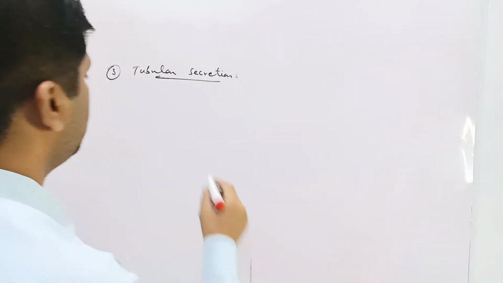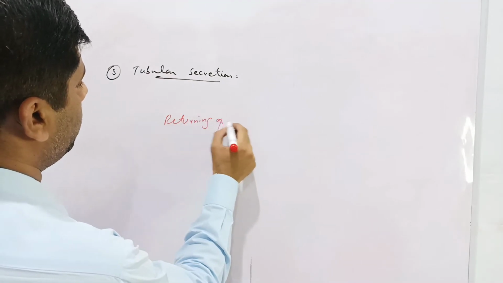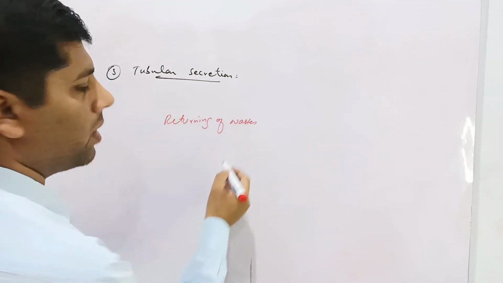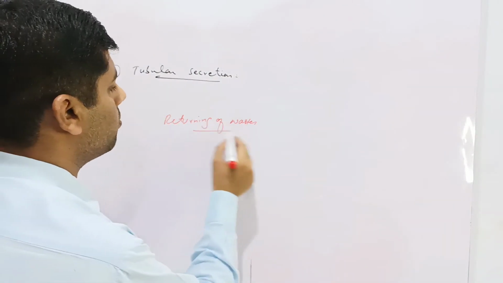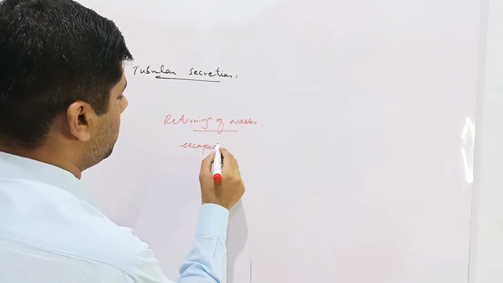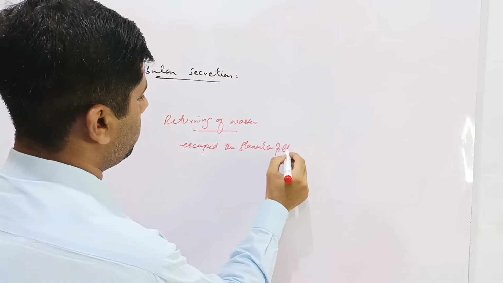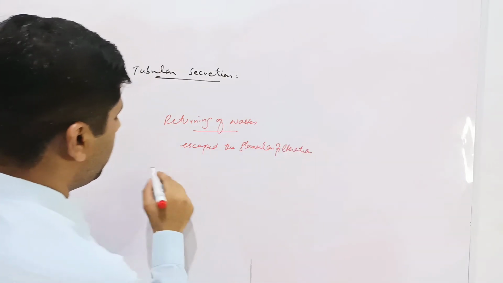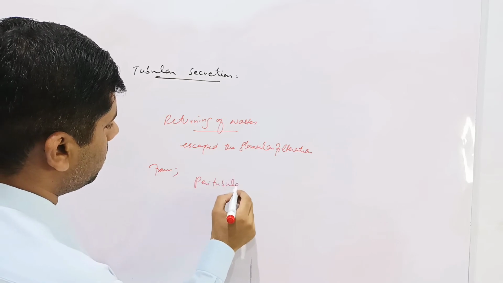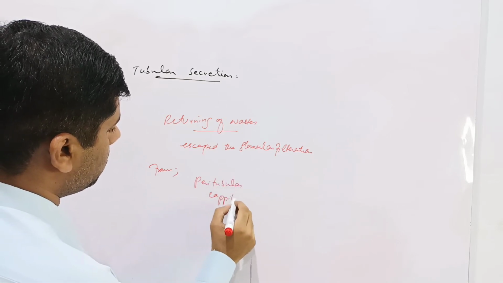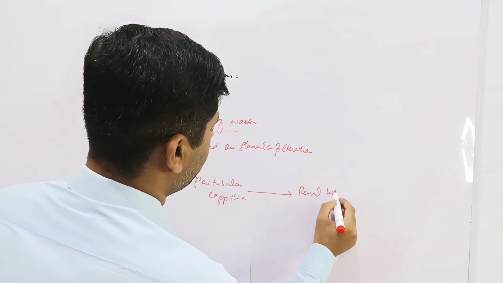It is the returning of wastes, harmful substances, toxins, drugs, anything which has escaped the glomerular filtration, from peritubular capillaries to the renal tubules of nephron.